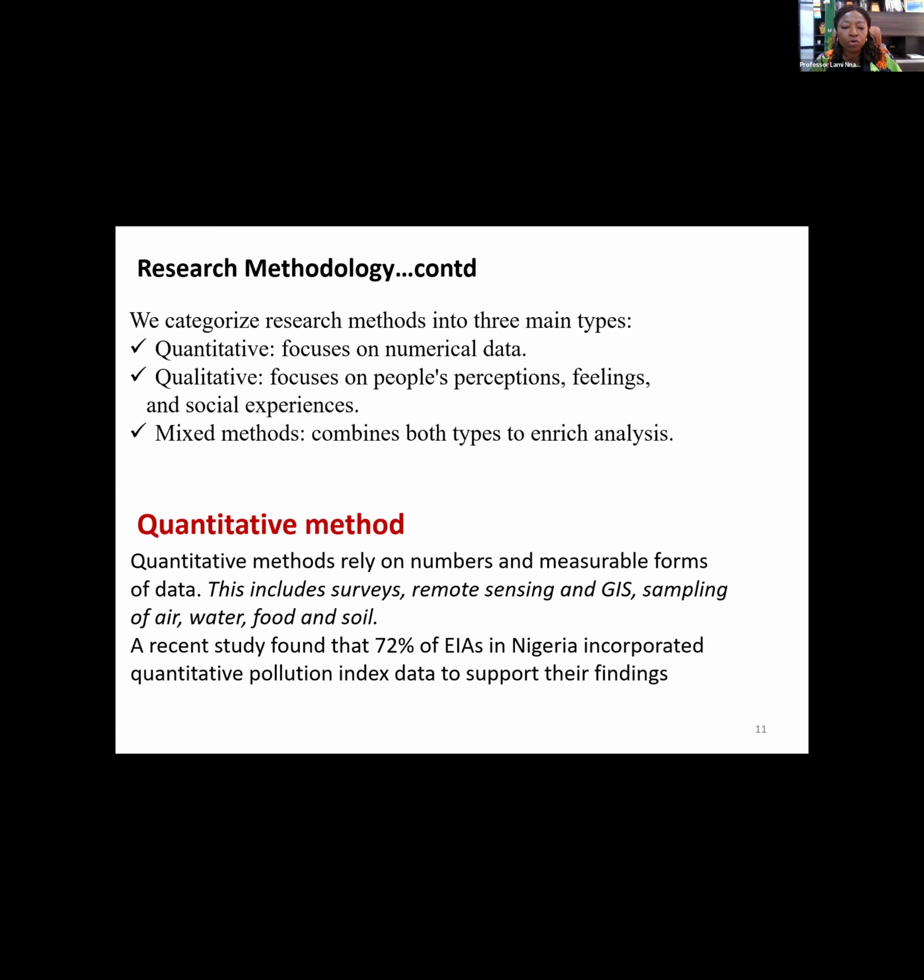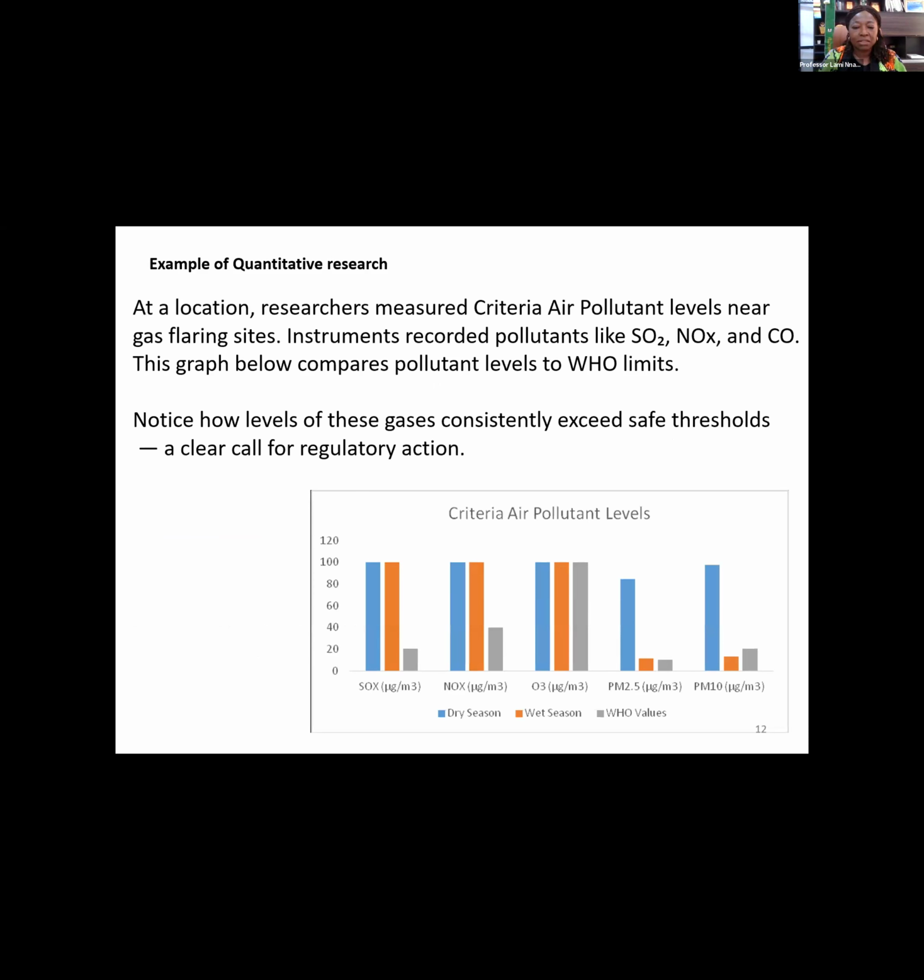Okay? Now, let's look at this example. Quantitative, like this researcher measured criteria air pollutant levels. We, as environmental sustainability people, should know that criteria air pollutants are those air pollutants whose concentrations in the air tell us a lot about the air quality.